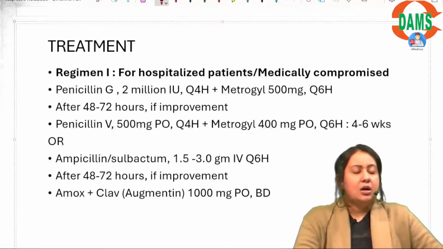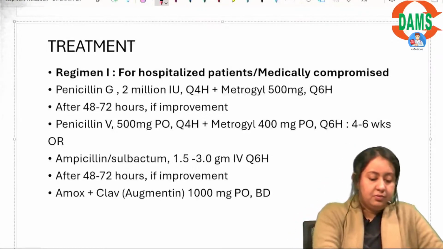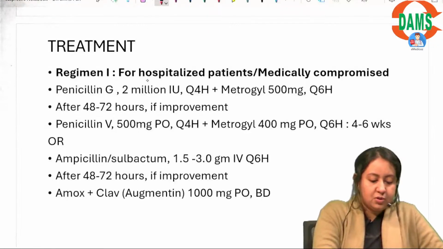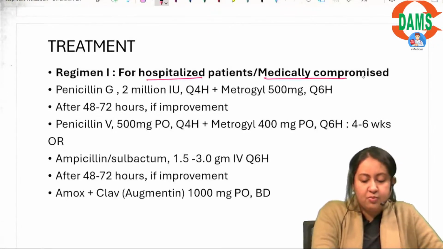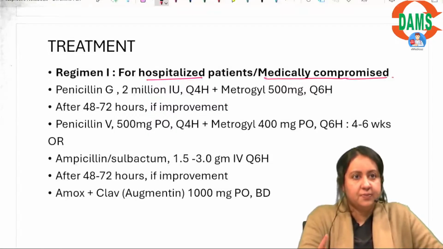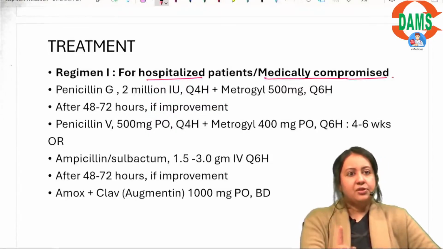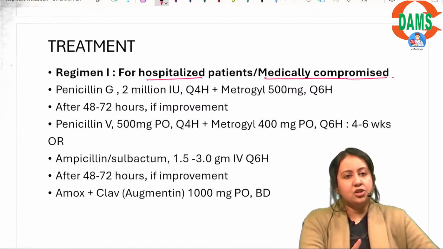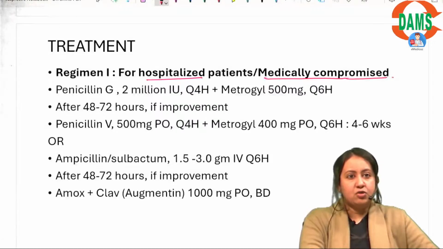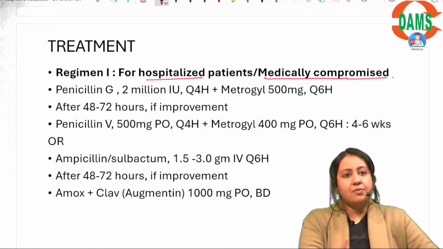Now the first regimen here talks about hospitalized or medically compromised or immunocompromised patients. So in such patients, the first thing that you start with is penicillin G 2 million international units every 4th hourly, along with metrogel 500 milligram every 6th hourly.